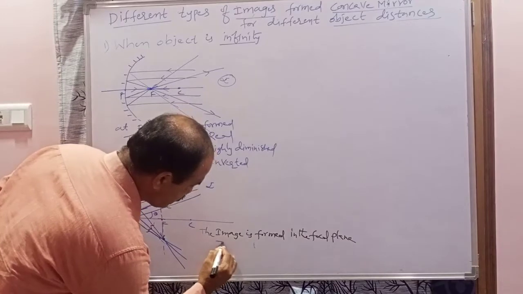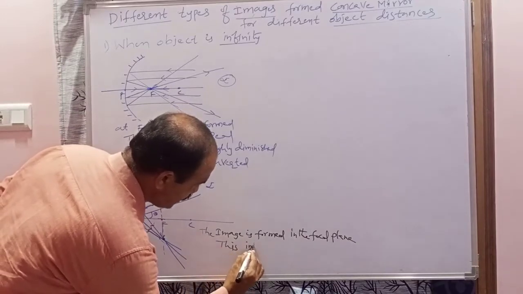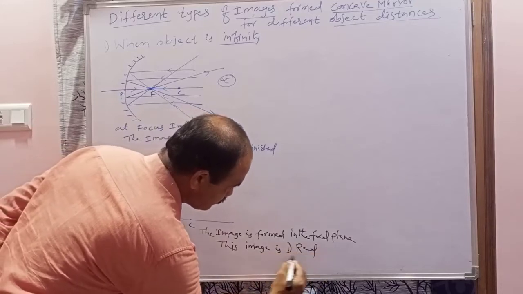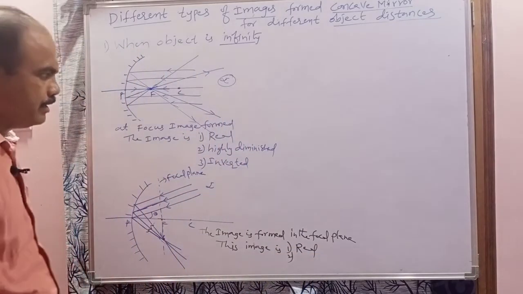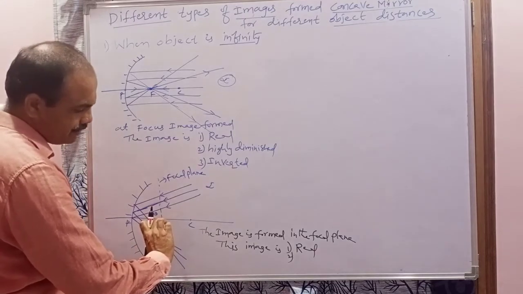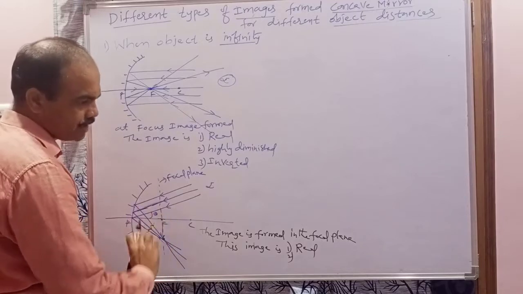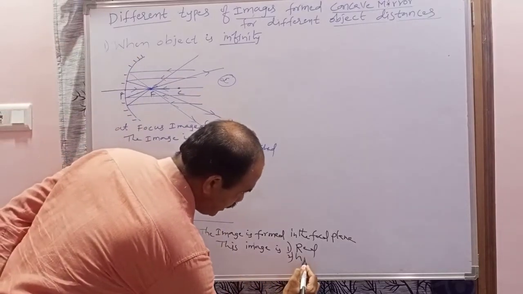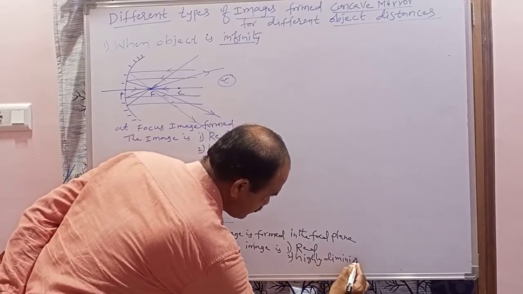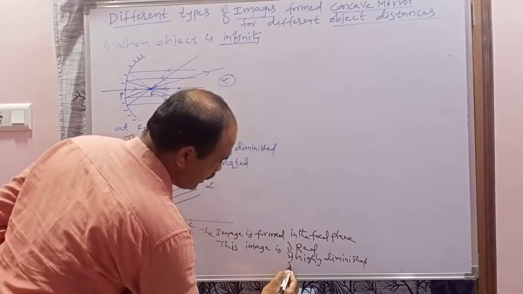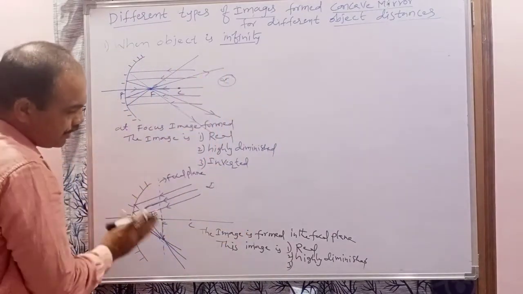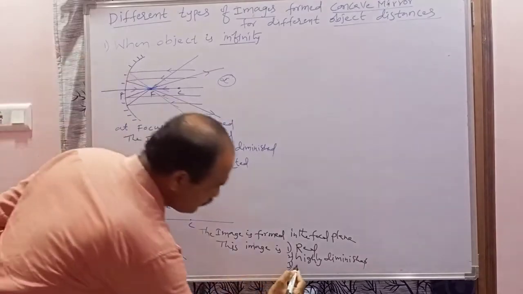So this image is, first, a real image. Second, its size will be very small, that's why it is highly diminished. And third, it is an inverted image. The object will be above the principal axis and the image will be below, that's why it is an inverted image.